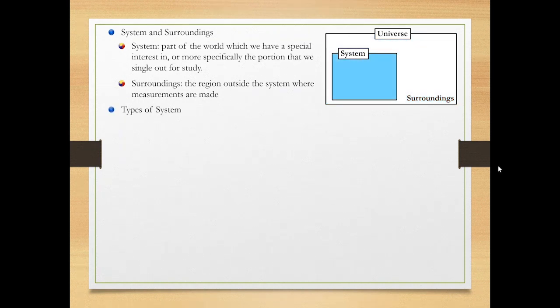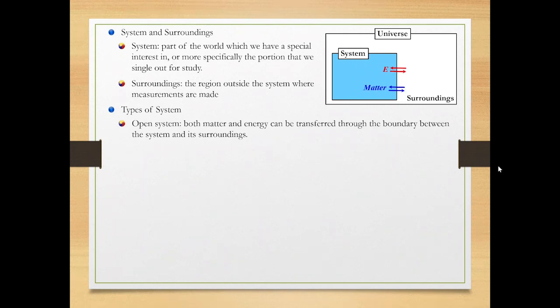There are three types of systems. An open system is the one that allows the transfer of both matter and energy through the boundary between the system and surroundings. The human body is an example of an open system because both energy, like body heat, and matter, like sweat, are coming out of the body.